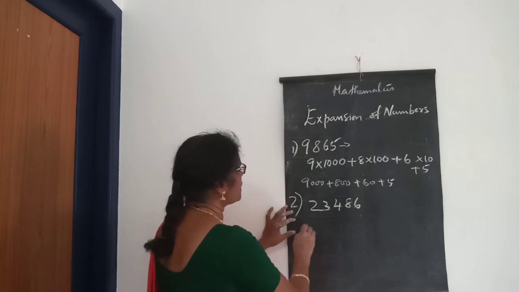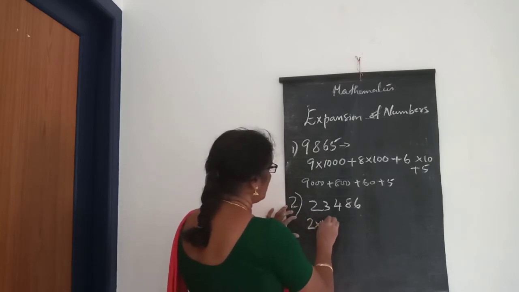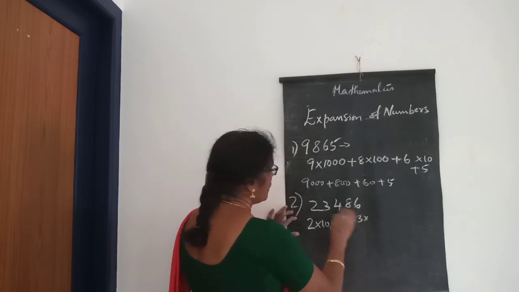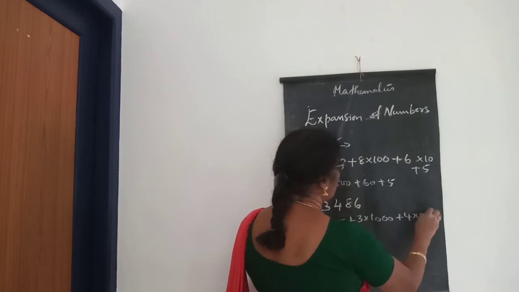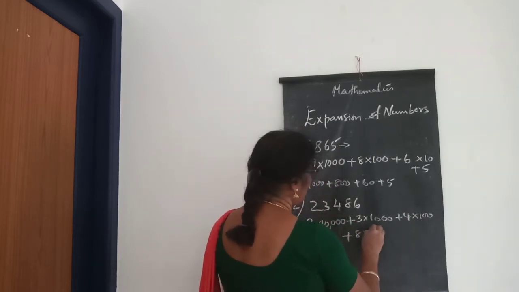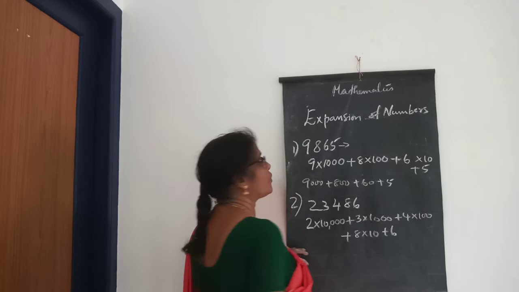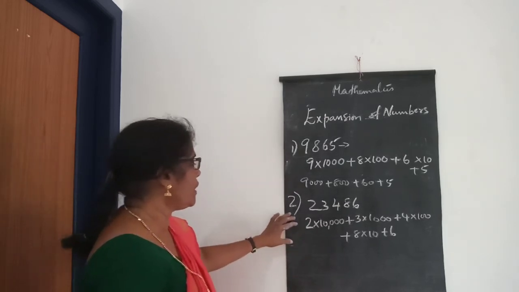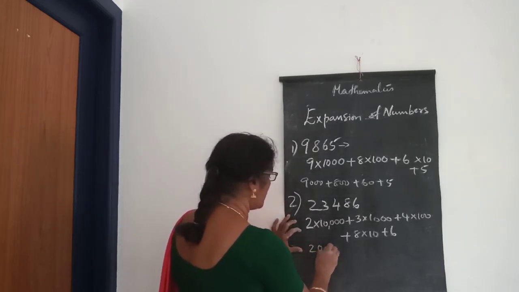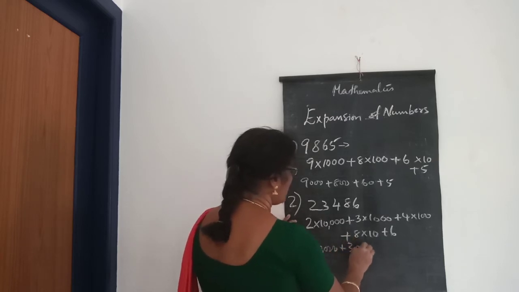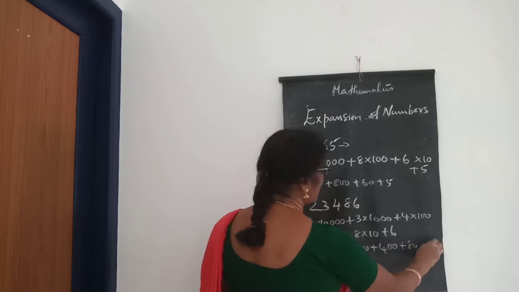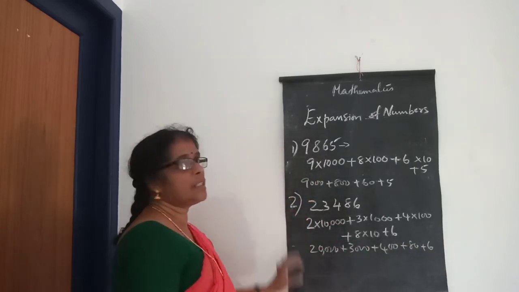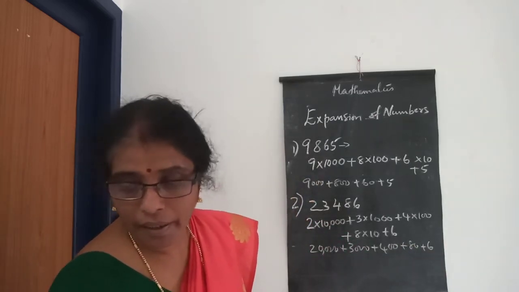How many 10,000s here? 2 into 10,000 plus 3 into 1,000 plus 4 into 100 plus 8 into 10 plus 6 into 1. So that is 20,000 plus 3,000 plus 400 plus 80 plus 6. Okay, this one is the expansion of numbers.